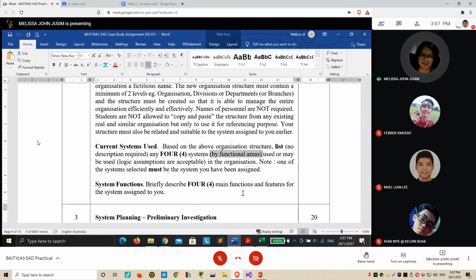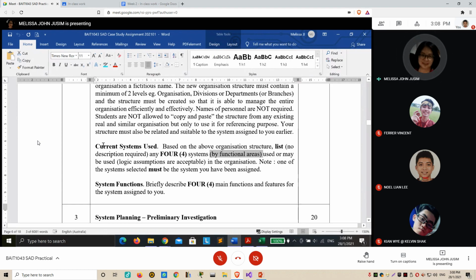Perhaps you need the marketing functional areas, sales functional areas, IT functional areas. So list any 4 systems, and then one of the functional areas must be the one that will be using your bus ticketing system. So which department will be using the bus ticketing system?